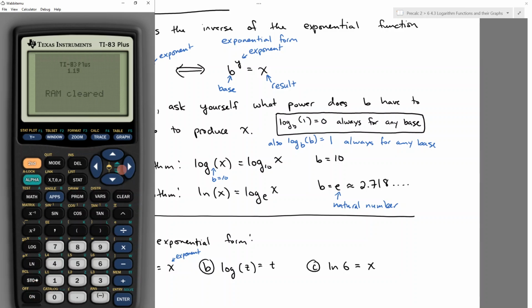As we said before, log of 1 is always equal to 0. You can see natural log of 1 is equal to 0, and common log of 1 is also equal to 0. So you should be familiar with using these operations.